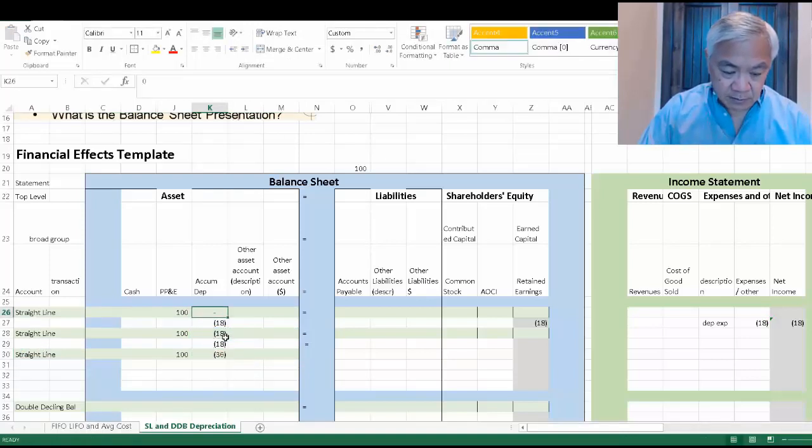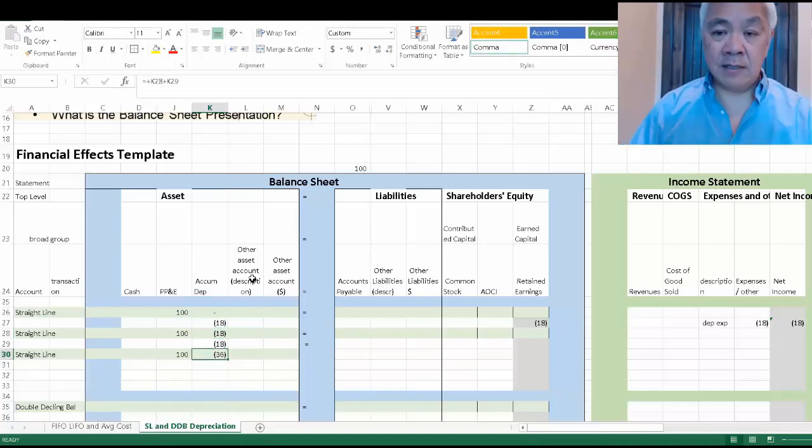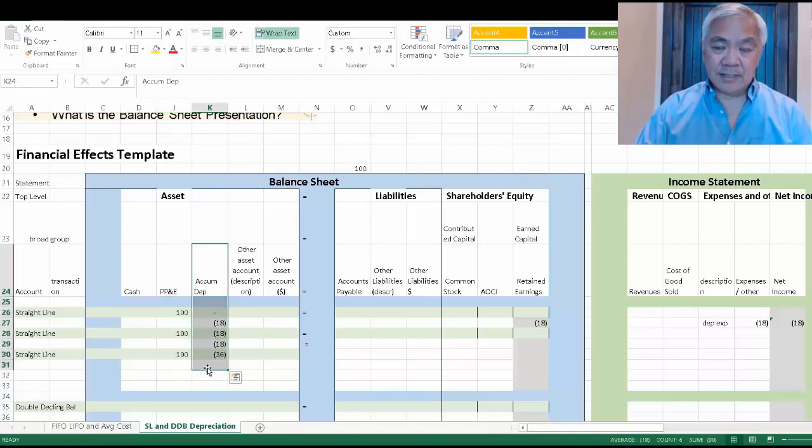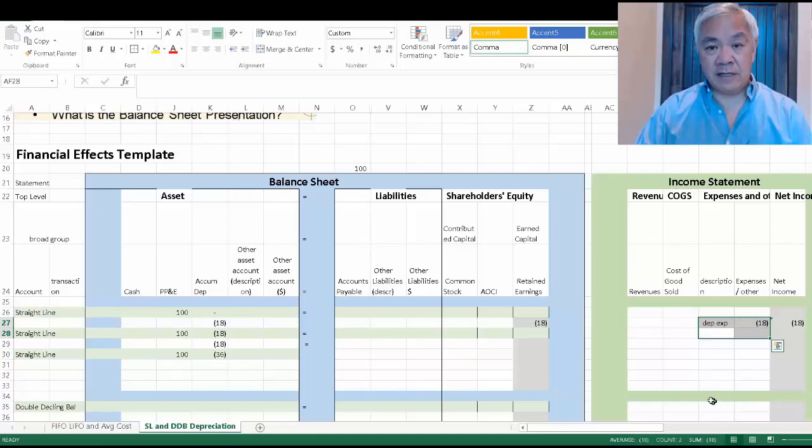So you see it creeping up from 0 to negative 18 to negative 36. All right, so that's how depreciation works. Notice we didn't touch the asset at all because that machine cost us $100 and we're just leaving that be. The action is in the accumulated depreciation and the depreciation expense for each of the years.